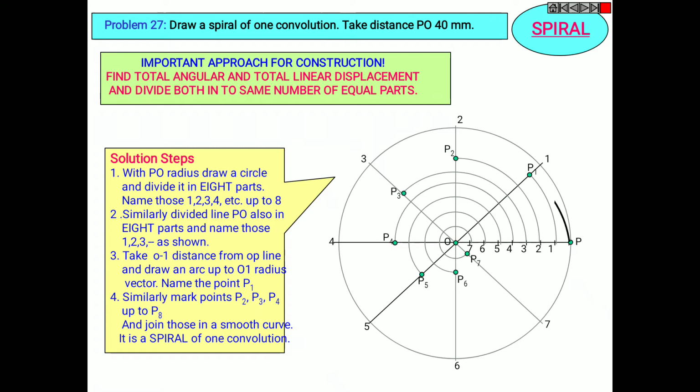Now join all these points smoothly in order to obtain your required spiral. So just take a couple of minutes to solve these and make your observation notes so that you will be very clear on it.